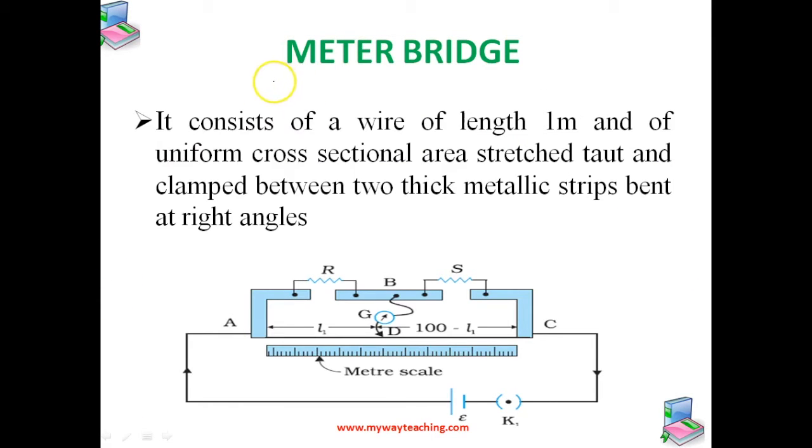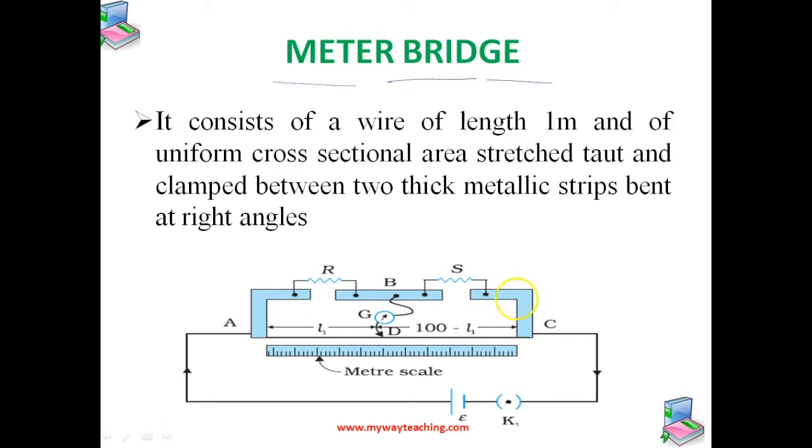Now let us study the meter bridge. See, this meter bridge consists of a wire of length 1 meter and of uniform cross-sectional area stretched taut and clamped between two thick metallic strips bent at right angles.